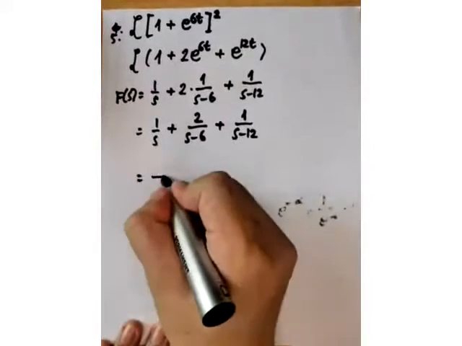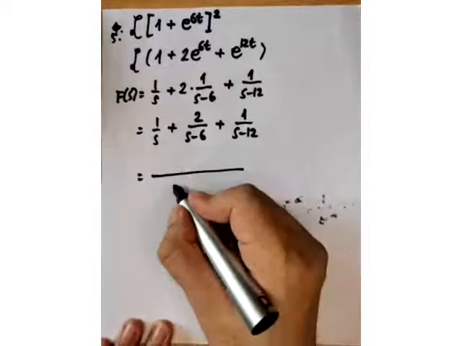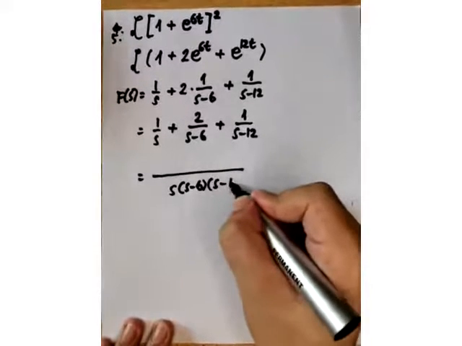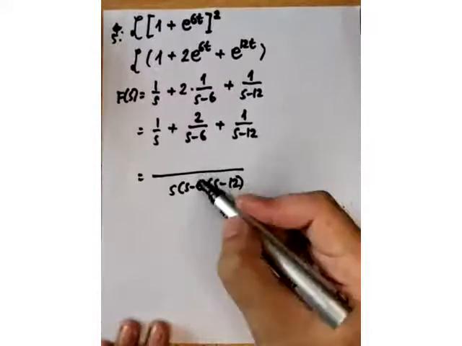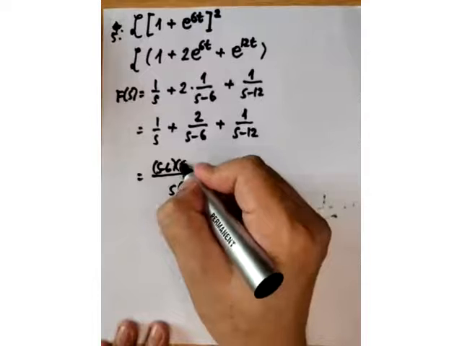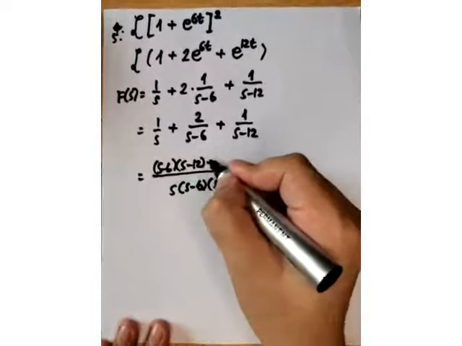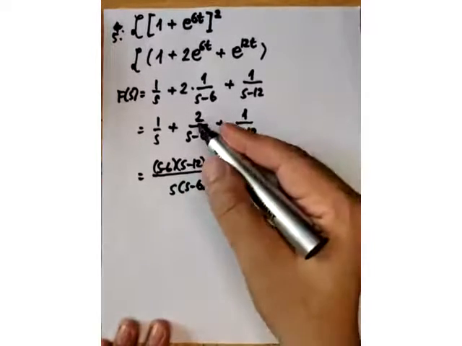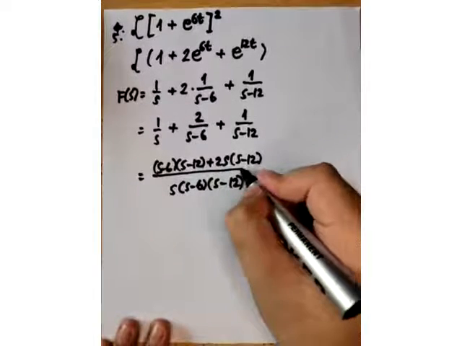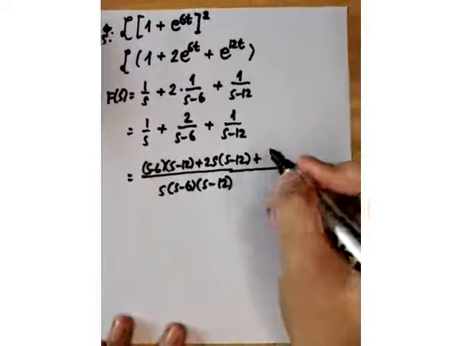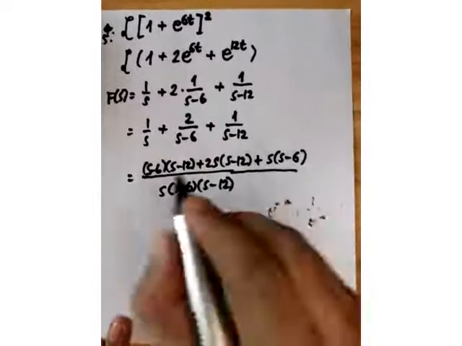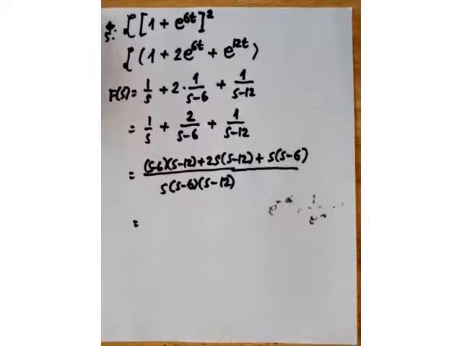And then we just add them. So LCD is s times s minus 6 times s minus 12. So ito divided by yon. So s minus 6 times s minus 12 plus 2 times, ito divided by ito, s times s minus 12 plus divided by that. So that's s times s minus 6. So let's simplify.